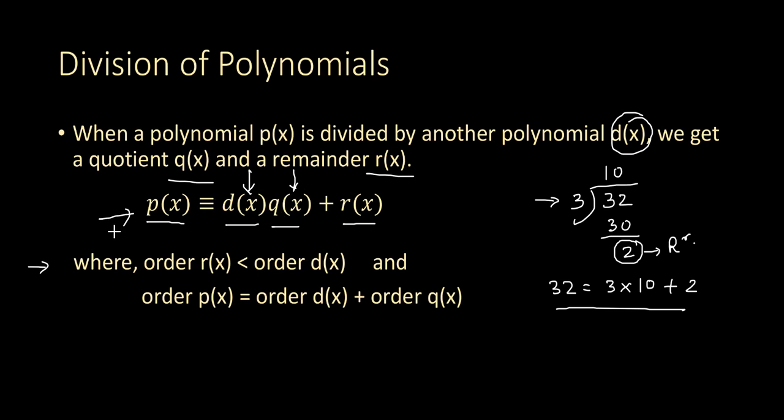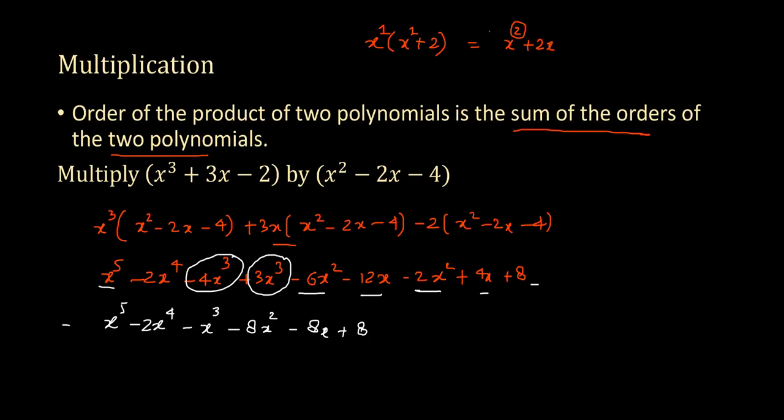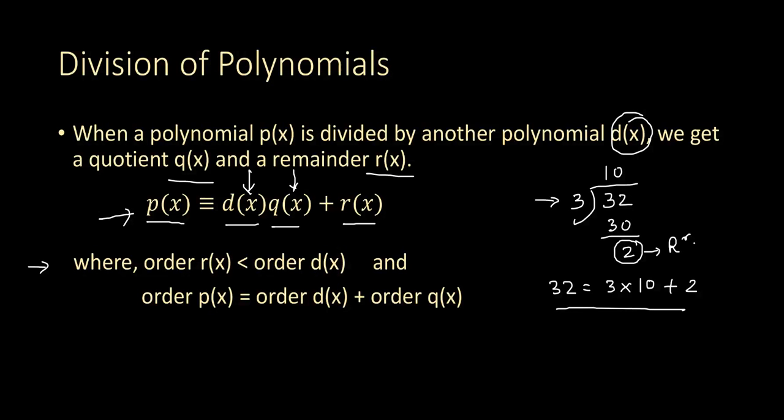So this resultant order will be addition of these two orders, just like we have done in the previous example, that highest order of the resultant will be addition of the order of the two individual polynomials. Because in this case, as you can see, if we see the previous slide, this highest order is 5. So here in the first polynomial, order was 3. In the second, it was 2. Right? So in the resultant, it comes out to be 5. So this is saying the same thing.